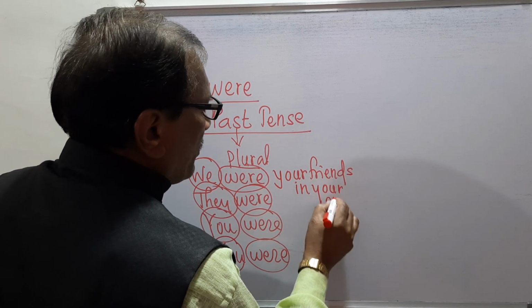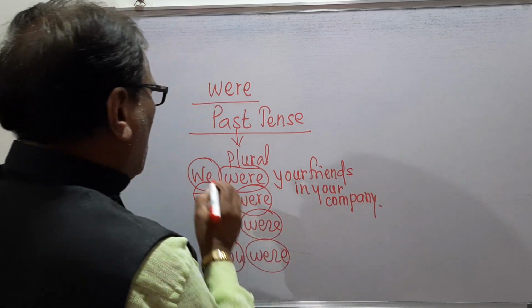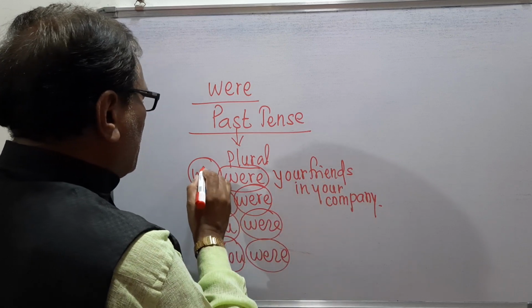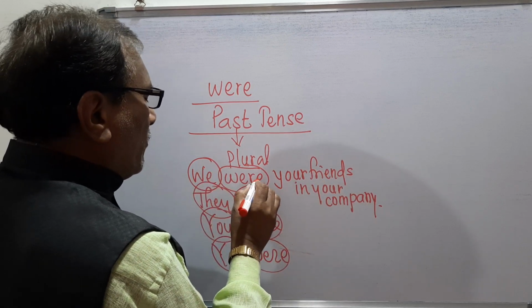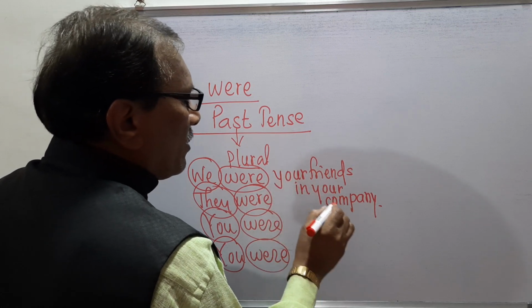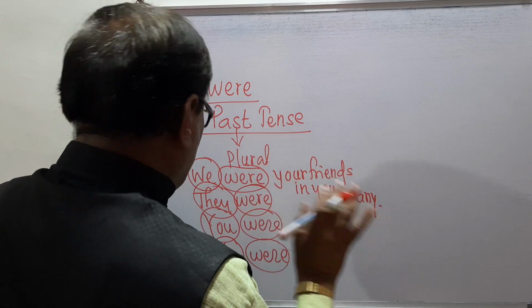So remember, this is the sentence: we were your friends in your company. This is the subject, this is the main verb were, your friends is the complement, and in your company is the extra words phrase.